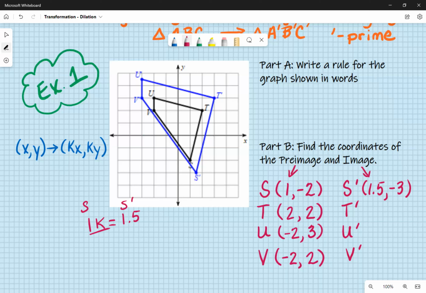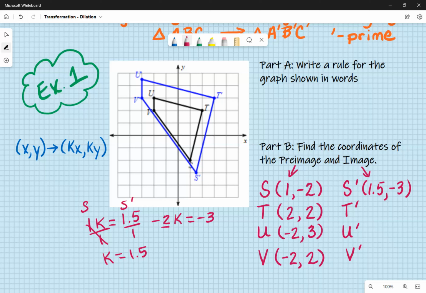Whatever is in front of k, that's what I'm going to divide both sides by. So this one was pretty easy. It's simply 1.5. But if I go to y, it should work the same way because k is simply k. So I'm going to set it up as -2 times the scale factor, which is going to take me to S prime's y value, and that is -3.